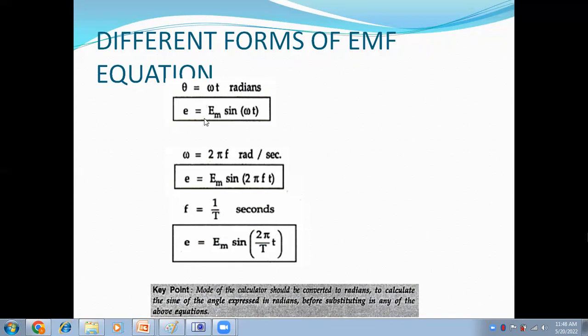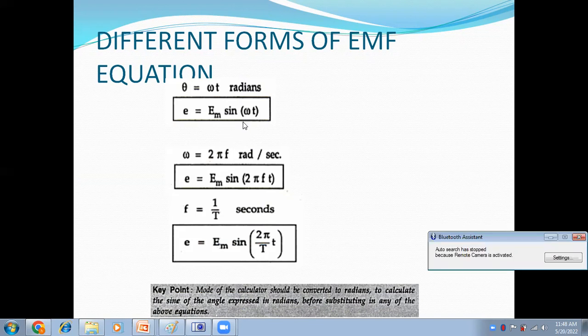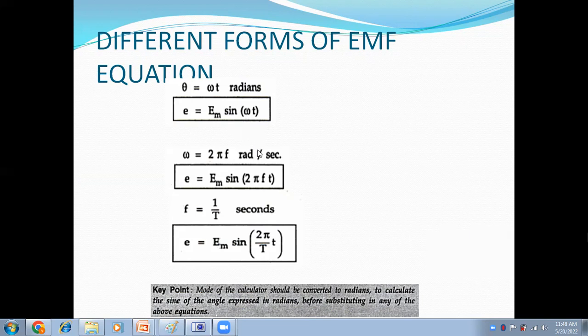Hence, this equation of an alternating quantity becomes E is equal to Em sine omega t, or otherwise it can be written as E is equal to Em sine theta. Now, omega is your angular frequency, and this angular frequency is the electrical radians per unit second, right? So omega can be given as 2 pi f.